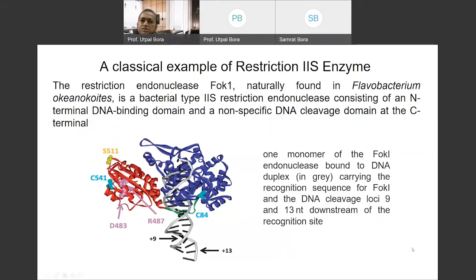This is the restriction endonuclease FokI, which is naturally found in the bacterium Flavobacterium okeanokoites. It is a bacterial type 2S restriction enzyme consisting of an N-terminal DNA binding domain and a non-specific cutting or cleavage domain at the C-terminal.